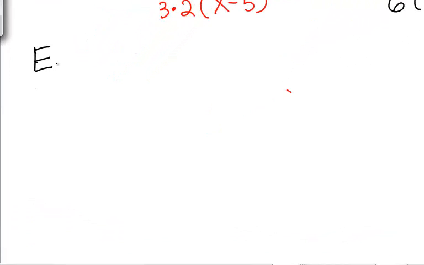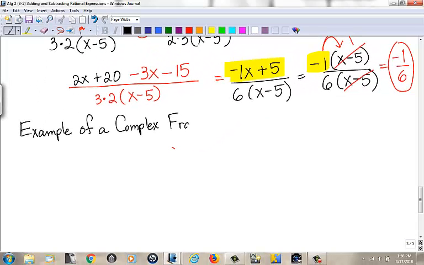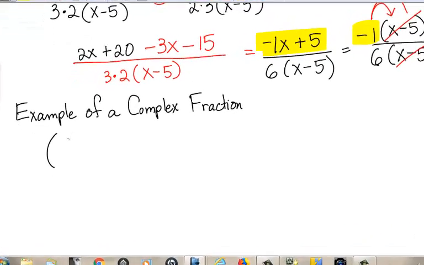This is an example of a complex fraction. Did you work with any complex fractions in Algebra 1? Or no? Okay, up in the numerator, you may want to look up here first.